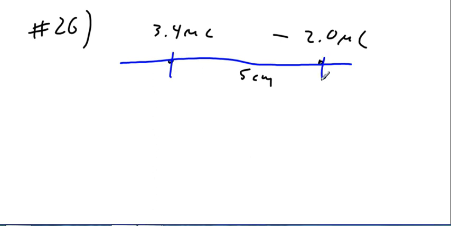At what point along the x-axis is the electric field 0, and B, the potential is 0? Let V be equal to 0 at r equal to infinity.